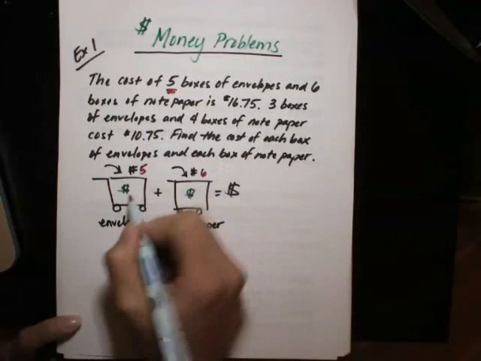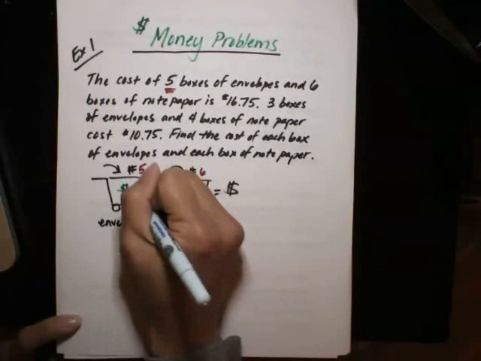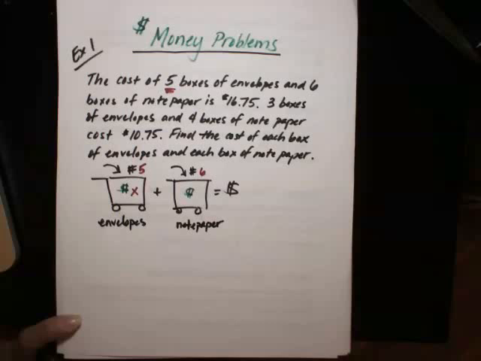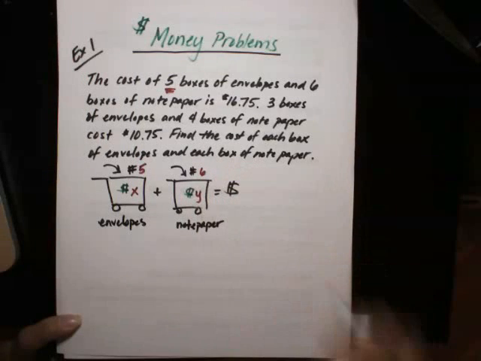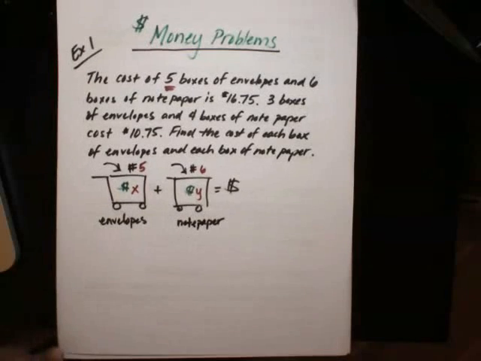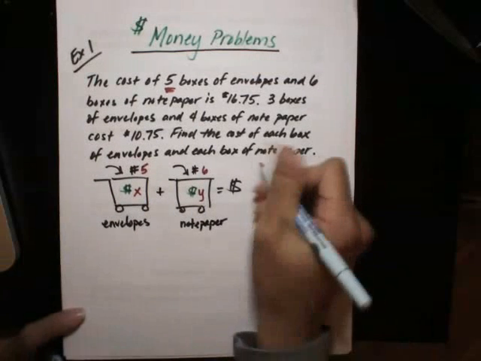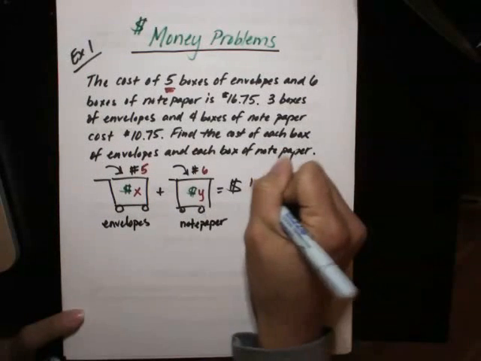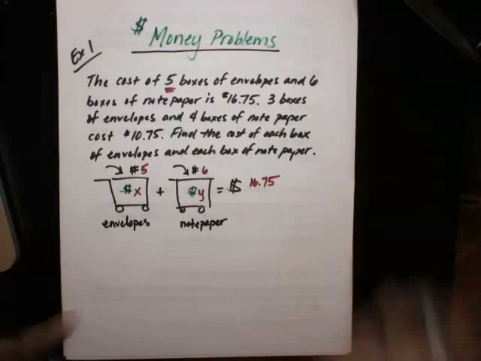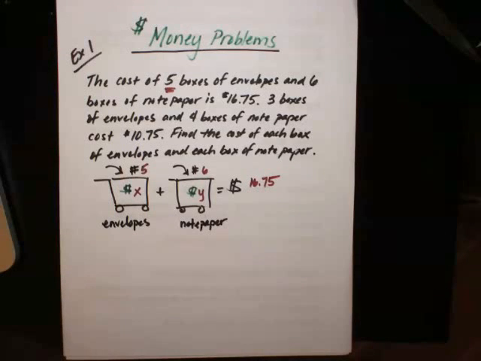And the cost, I don't know what that is. I'm going to make that X dollars. So X dollars will represent the cost of my envelopes. Y dollars will represent the cost of my notepaper. But I do know that the total here is going to be $16.75. So what I've done here is I've actually formed the skeleton of what my first equation will be.